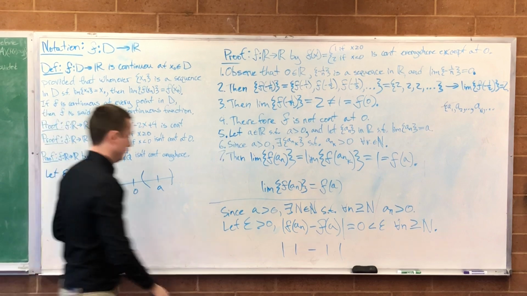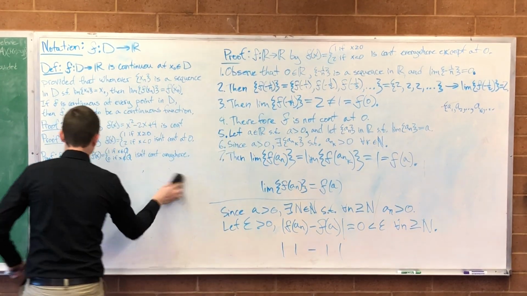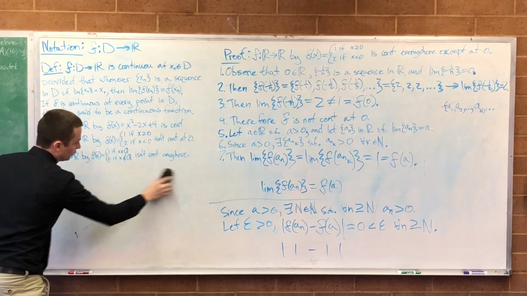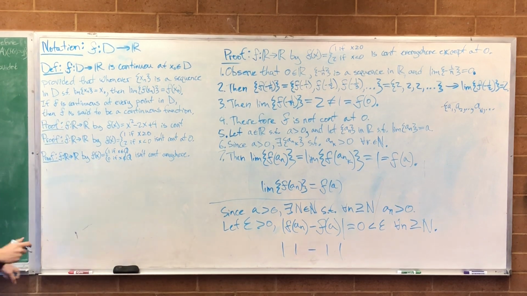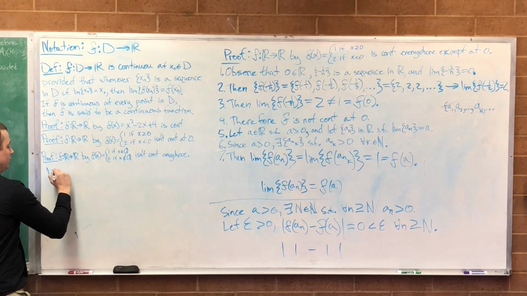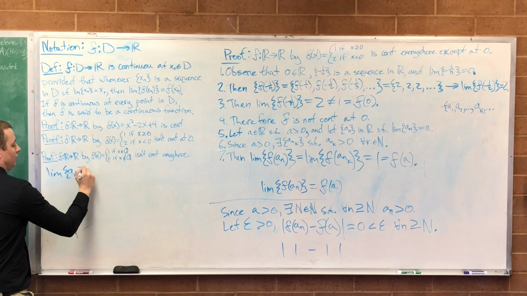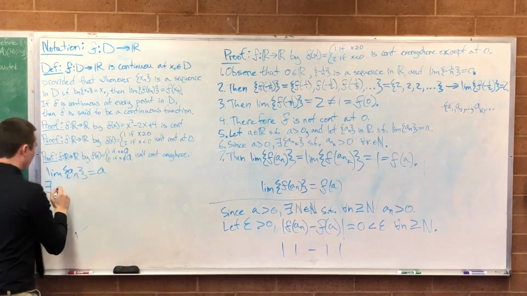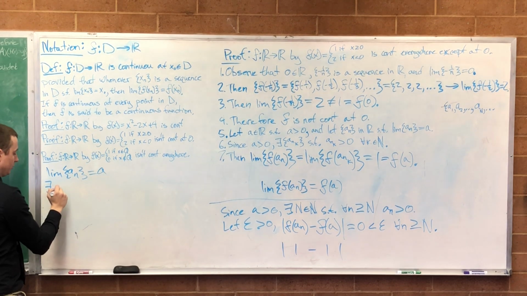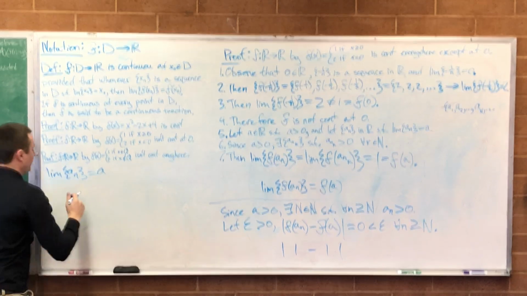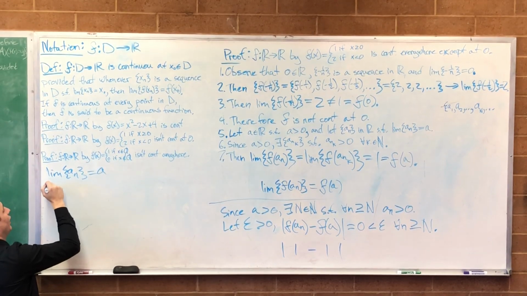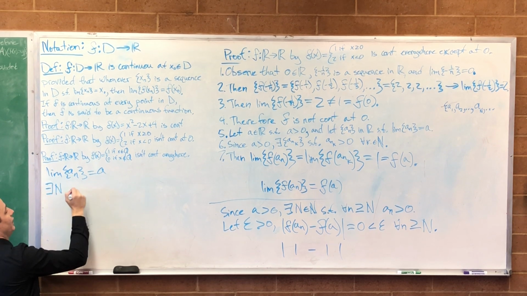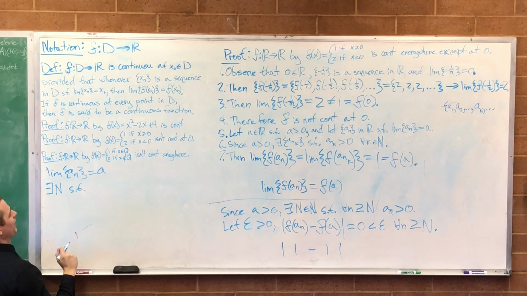Well, let's think about it this way. I know that a_n converges to a, so since the limit of a_n is equal to a, I know that there exists, I'll call it delta so that we don't get confused with an epsilon. Well, no, then I can say there exists some index N such that, so you're right that it does go backwards.